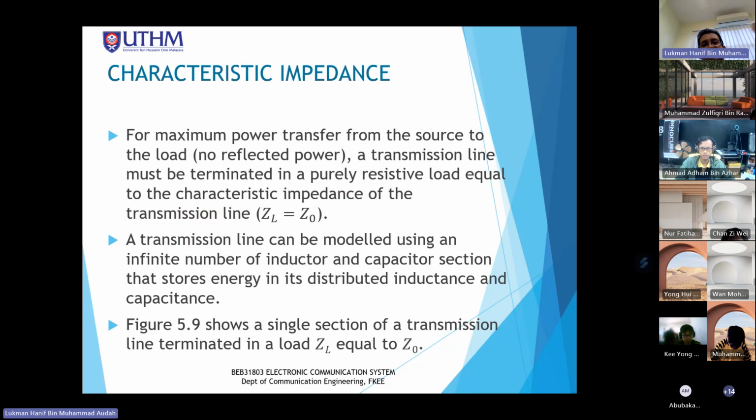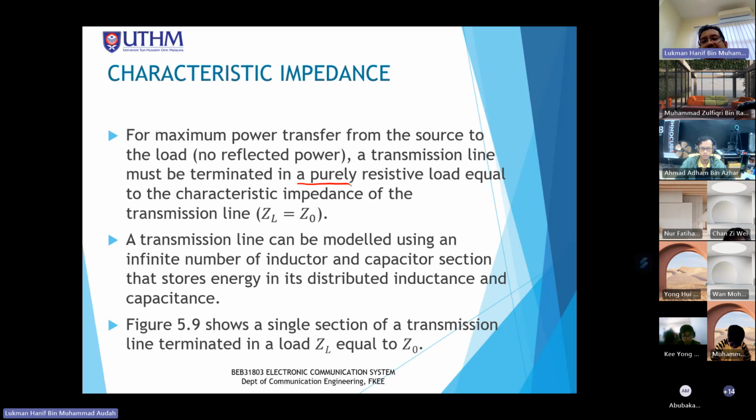So you see that for a maximum power transfer from the source to the load without a reflection, the transmission line must be terminated in a purely resistive load equal to the characteristic impedance. So that means there's no reactance parameter in the characteristic impedance.